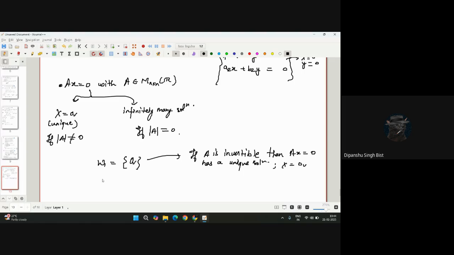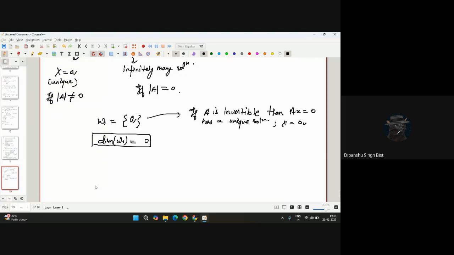So how will you find the dimension? If it contains one zero vector only, the dimension is 0, because the span of the 0 vector is always a point. If it would have been any other vector, then the space spanned by the vector is a line, and it would have dimension 1.